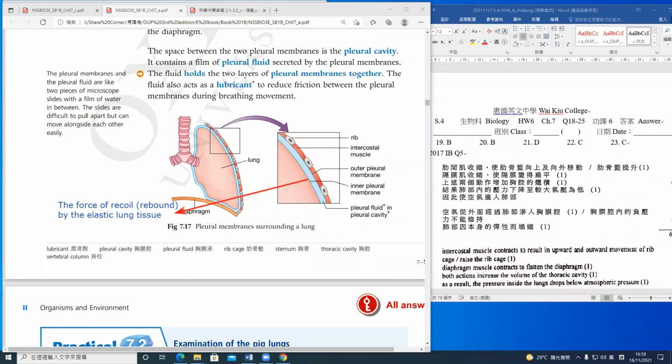So there's another force, the pulling force by the rib cage and diaphragm, which is pointing outward.